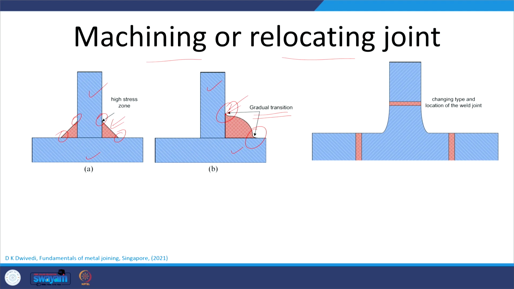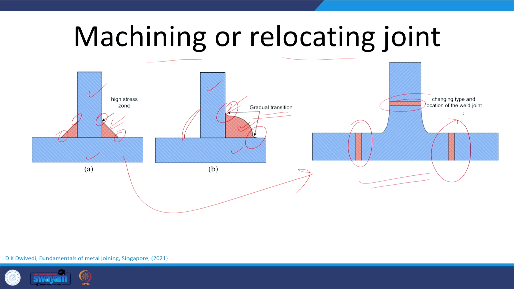And if we can relocate the joint, like initially here for the T joint we are having the fillet radius. If the fillet joint can be replaced with the butt joint, then the performance of the joint will be enhanced significantly. So, in this particular case, the T joint has been redesigned, and the two fillet welds have been replaced by the three butt joints.